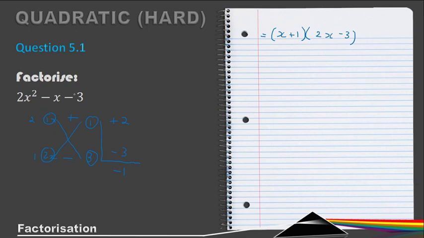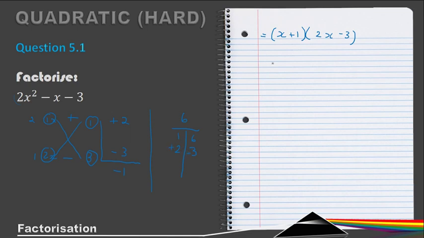Now let's do the second method in case you've chosen to do it that way. So 2 times 3 is 6. My factors of 6 are 1 times 6 and 2 times 3. To get negative x, I'm going to say plus 2 minus 3.